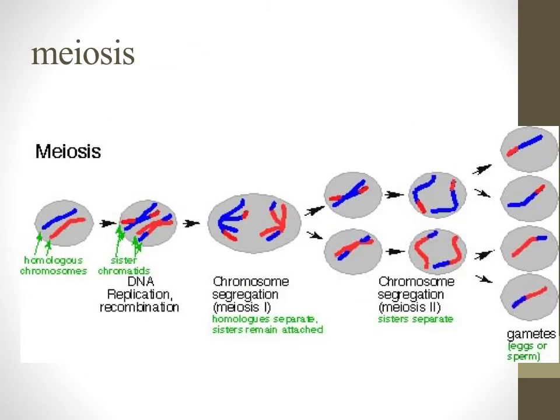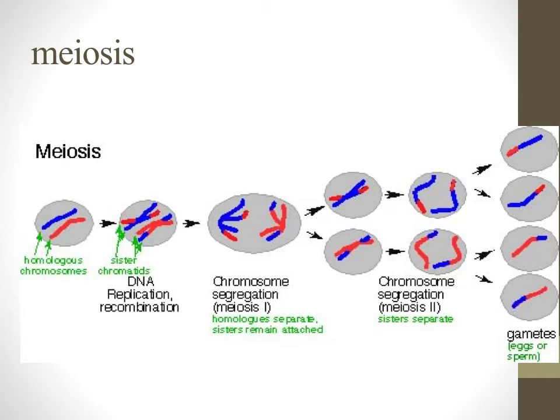between the two. So this first one is meiosis, and we have a cell on the left with a set of chromosomes, one in red, one in blue. And then we get DNA replication, so we get these chromosomes that duplicate themselves. And then there's some recombination, that's the mixing up of the red and the blue that you see there.